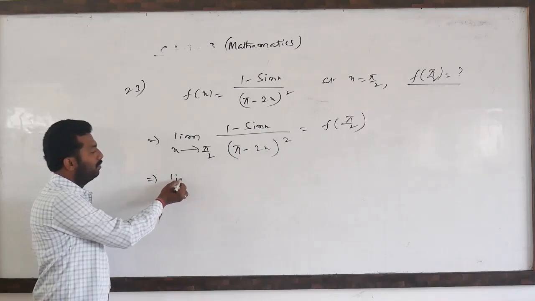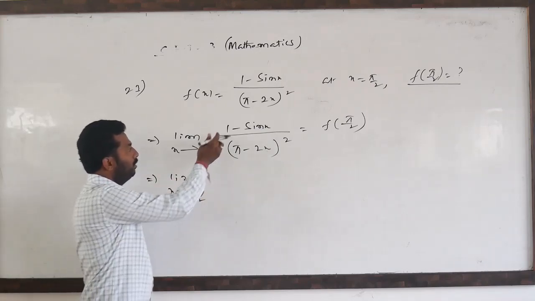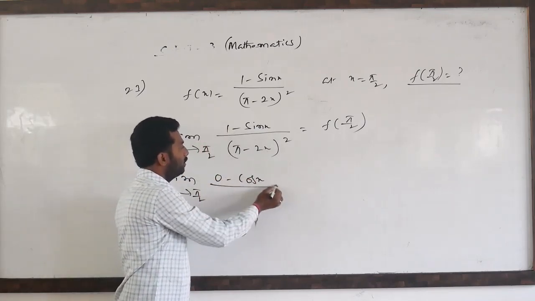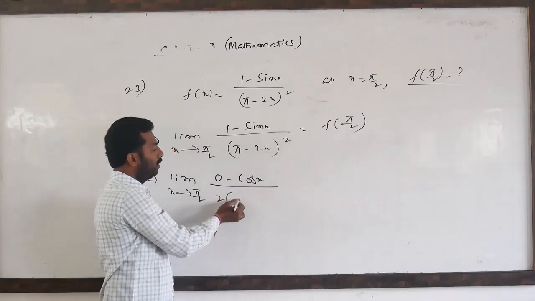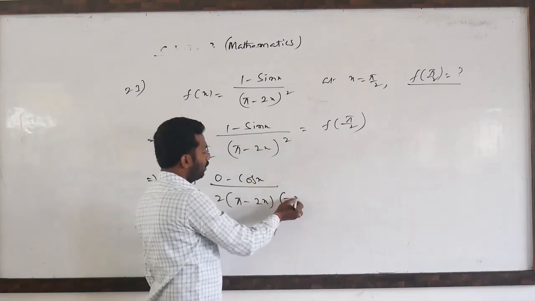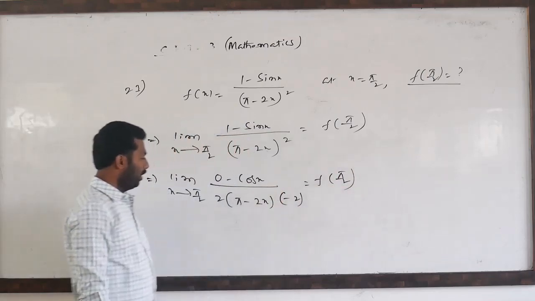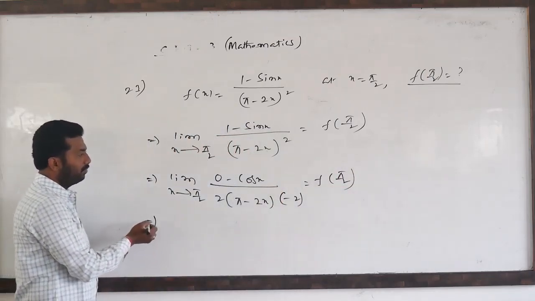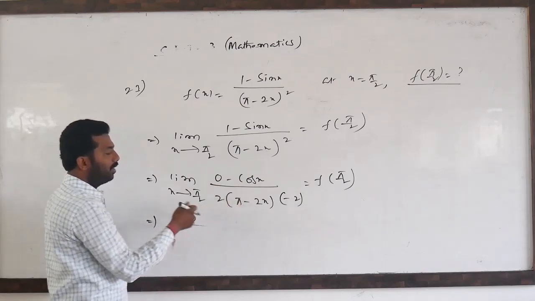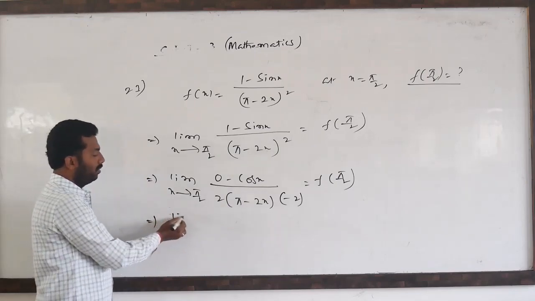Limit x tends to pi by 2, the derivative is 0 minus cos x, divided by 2 into (pi minus 2x), again times the derivative of pi minus 2x, which is minus 2. Now substitute x equal to pi by 2. Cos pi by 2 means 0, and the denominator is 0. Again 0 by 0 form. Again apply L'Hopital rule.